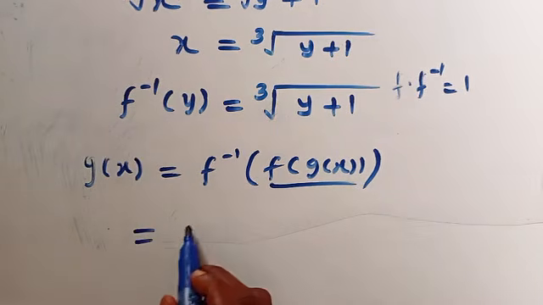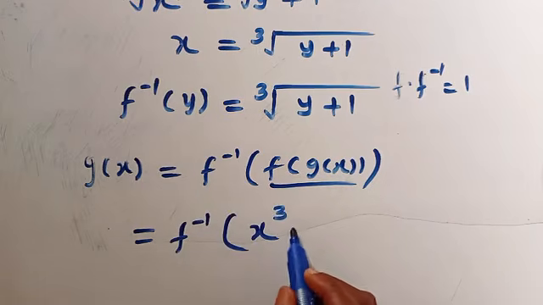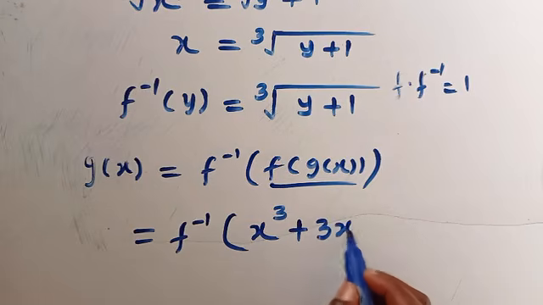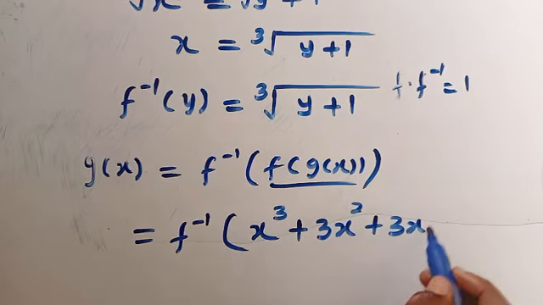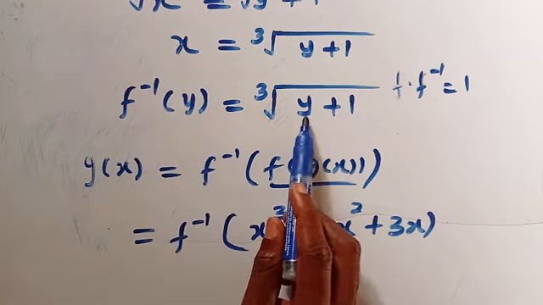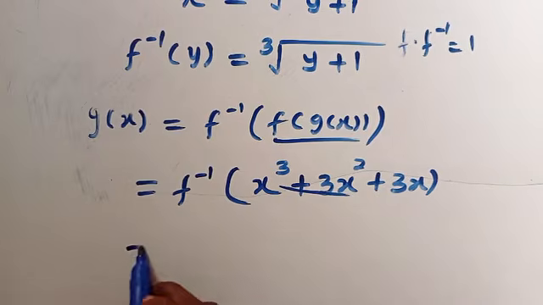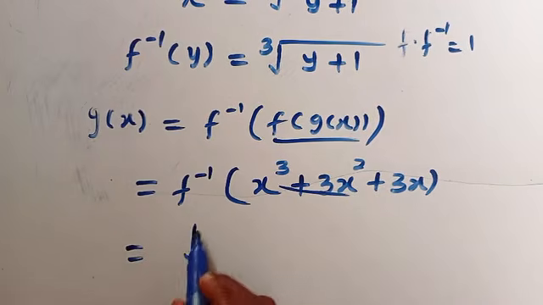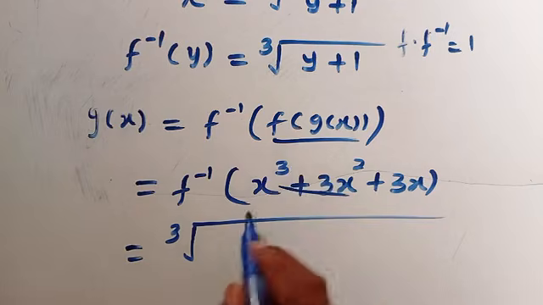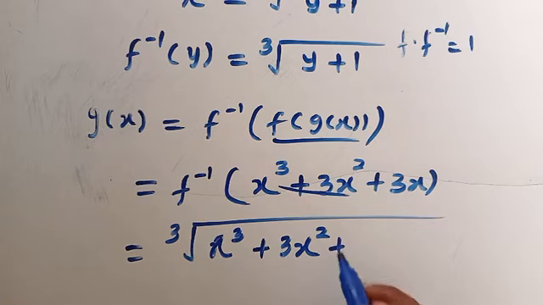So by replacing this, we are going to have f inverse of x cubed plus 3x squared plus 3x. And this is just like y here. That is, everywhere we see y, we can replace every one of them with the whole of this. So instead of f inverse, we have the cube root of the whole of y changed to x cubed plus 3x squared plus 3x, then plus 1.